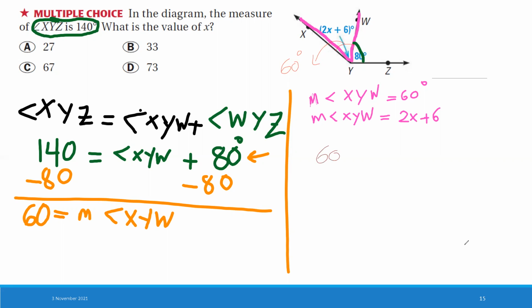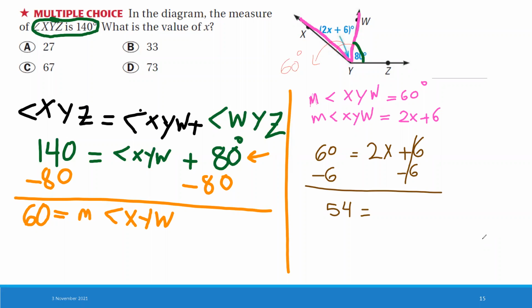60 equals 2x plus 6. Then 60 minus 6 is 54 equals 2x. Divide by 2, divide by 2.